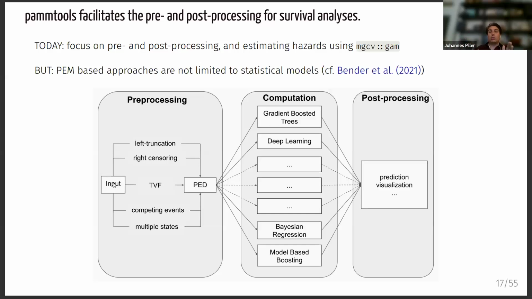And for the computation, you also have convenience functions, which just make it easier for you to apply. But let us first focus on the pre-processing and why it is such a gain to use PAMtools and not always do these transformations from the survival task towards the piecewise exponential data one step at a time.